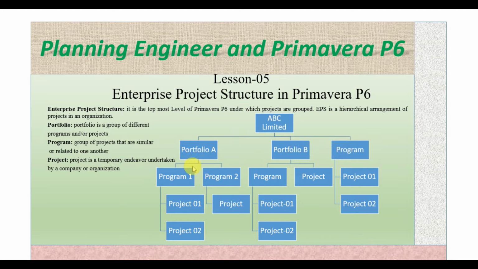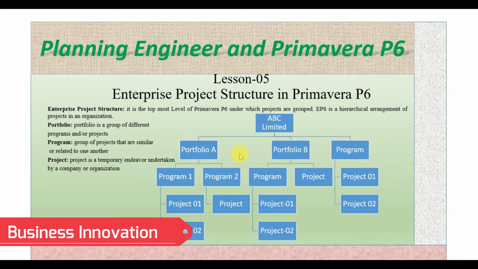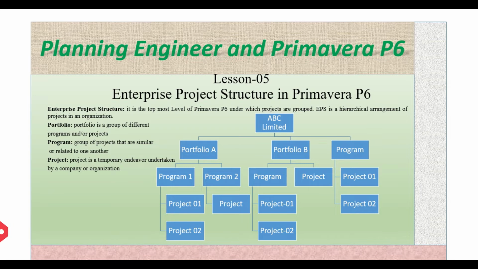So inside portfolio we have program 1, program 2, and in program 1 we have project 1, project 2, and in program 2 we have project. So this is actually the hierarchical arrangement. So EPS is, as we discuss here, the hierarchical arrangement of the project within organization.